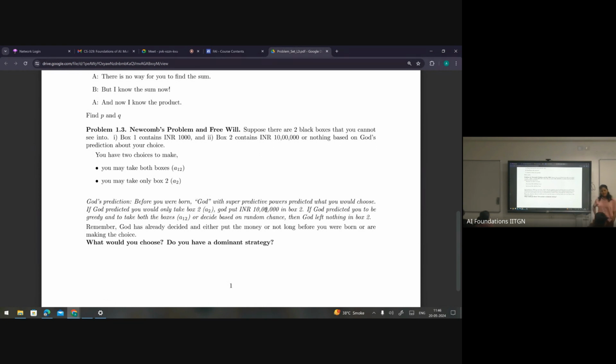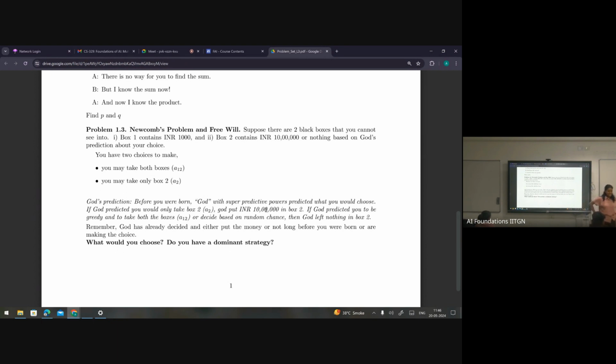Good. So the idea is if you are not greedy and you always want to pick only 2, that means God has already put 10 lakhs in that, right? So now if you take both of them, you'll get 10 lakhs plus 1,000. And then you are greedy. But if God has already predicted that you are not greedy and has done it long before, isn't it good that you take both of them and get the 1,000 as well?